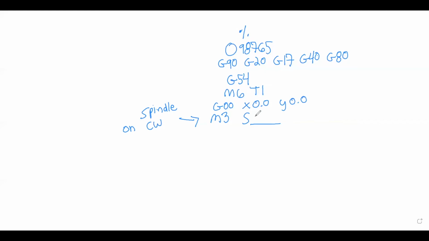Let's just put 1,000. All right, we've called up tool 1. We've moved to location X0, Y0 in our G54 work offset, and we've turned the spindle on clockwise at a speed of 1,000.